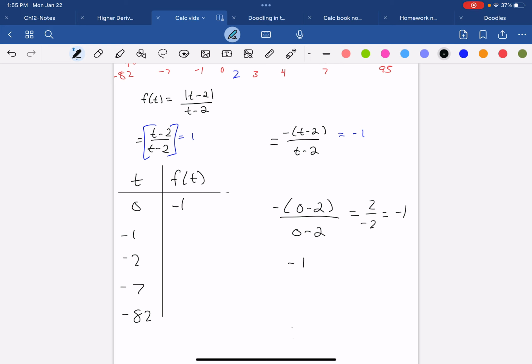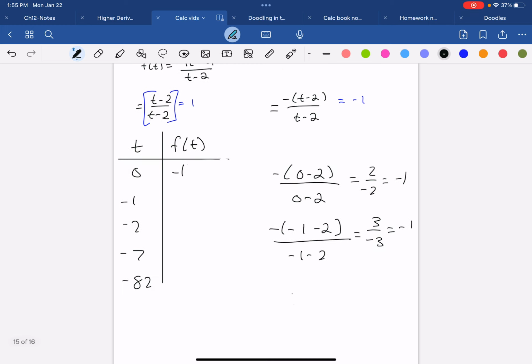If I plug in -1 minus 2 over -1 minus 2, this is equal to 3 over -3, which is equal to -1. If I plug in -7, I get -7 minus 2 over -7 minus 2. So this is -9, and the -9 cancels out with that negative.